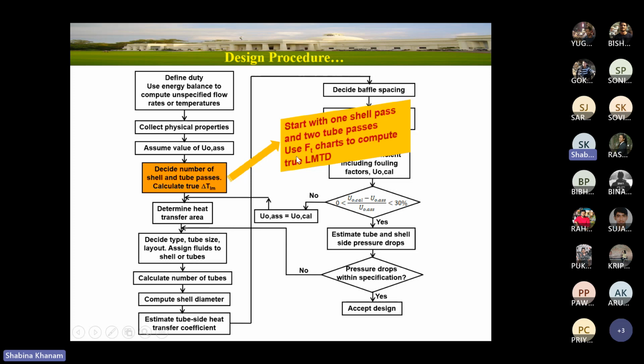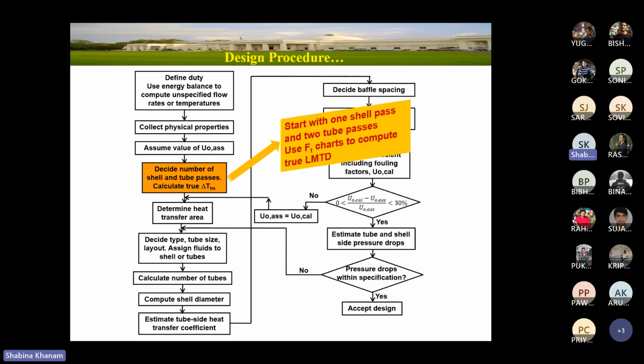And for this you need Ft value from the chart: 1-2 shell and tube, 2-4 shell and tube. For that, Ft charts are different. Okay, so you need to consider the correct Ft chart, and based on terminal temperatures you can find R and P values.